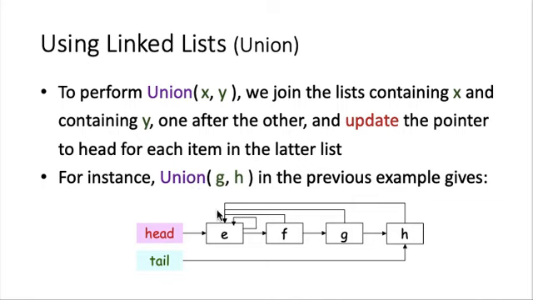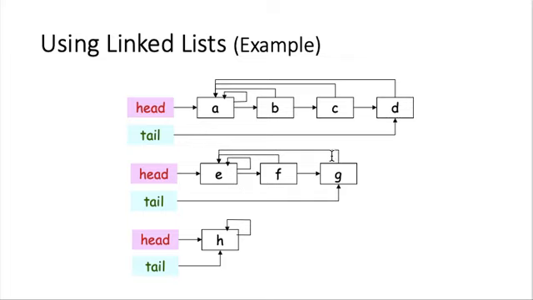For instance, suppose that we perform union of G and H in the previous example. From G, we get this list, and from H, we get this list. In that case, we combine the two lists into one. It is very easy: we can make one list to be appended after the other one.